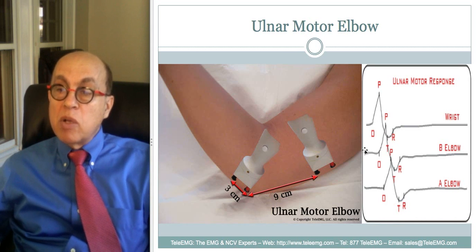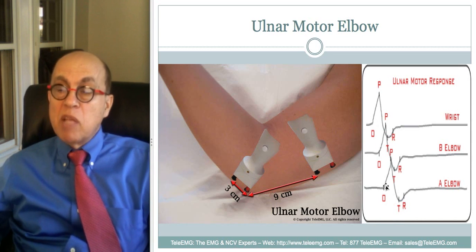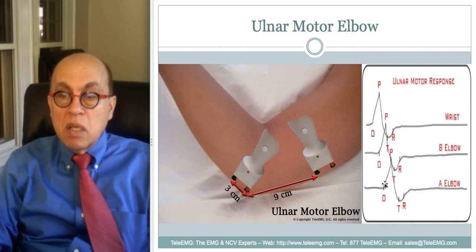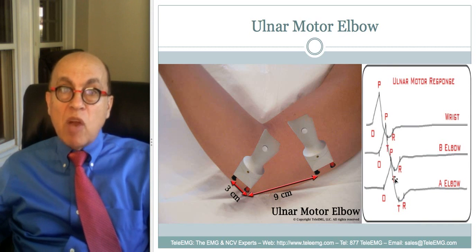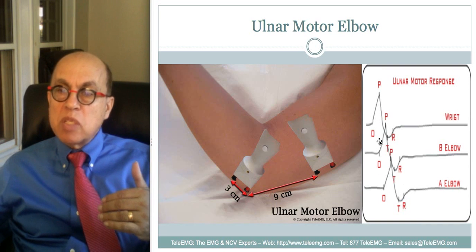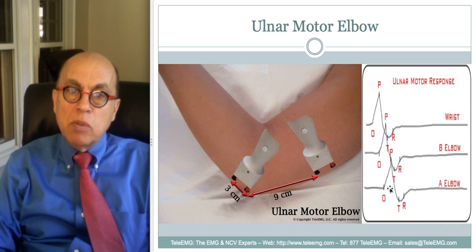From below elbow, it's further down because it's a longer distance. From above elbow, it's even further. And now we do conduction velocity between the wrist and below elbow and above elbow. If you have an ulnar neuropathy, 9 times out of 10, it's going to be between this response and that response, between the above and below elbow.